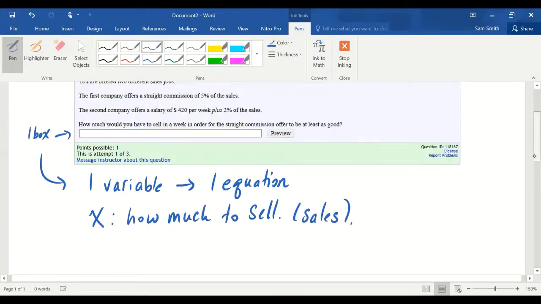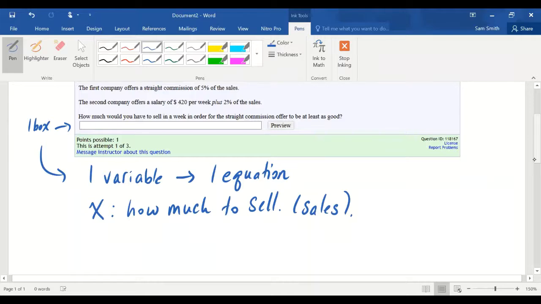All right. So the goal for x is to make the straight commission offer at least as good as the salary plus commission offer. So if I make these two incomes equal to each other and solve for x, then at that point in sales, the two offers would be the same in terms of goodness.